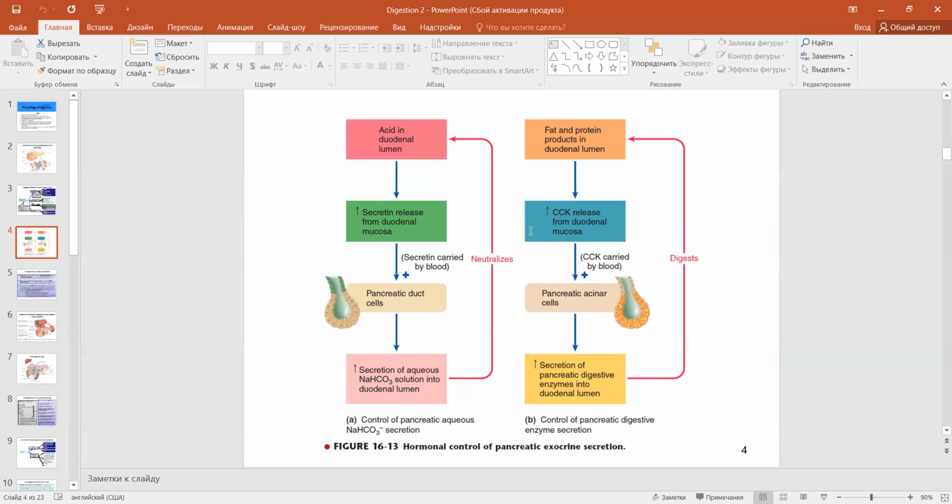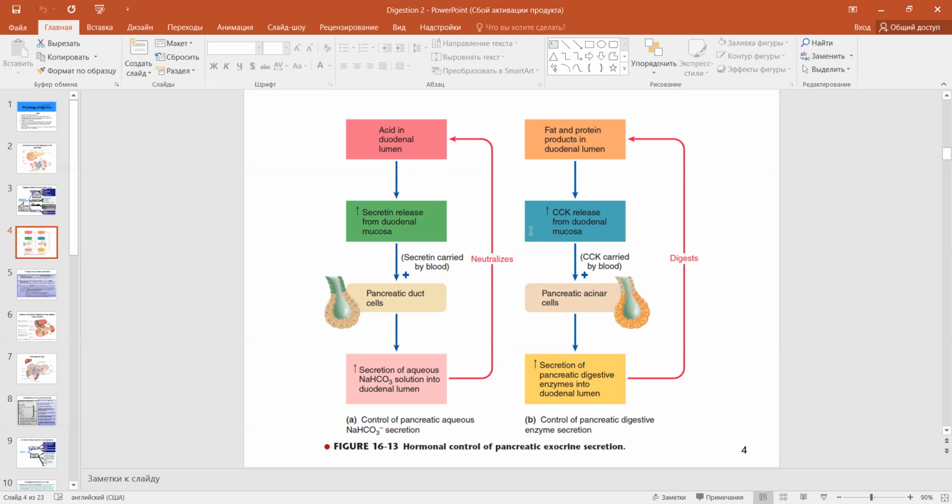However, the predominant stimulation of pancreatic secretion occurs during the intestinal phase of digestion, when chyme is in the small intestine. The release of the two major enterogastrones, secretin and cholecystokinin, in response to chyme in the duodenum, plays a central role in controlling pancreatic secretion.